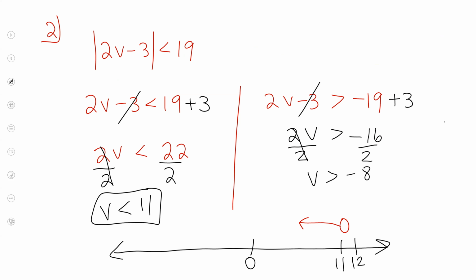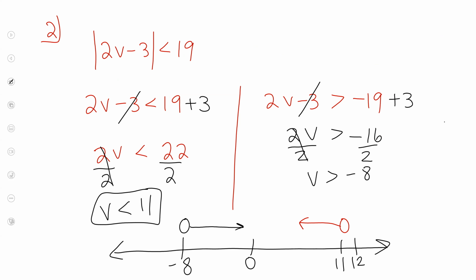Did I divide by a negative just now? No, I divided by a positive 2, so the sign will stay the same. Now just go to your number line. Let's say negative 8 is right here. So you're going to draw an open circle at negative 8. And this says v is greater than negative 8. That means you need to go this way.